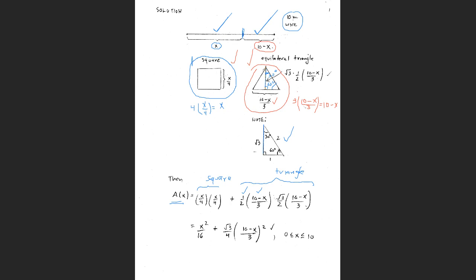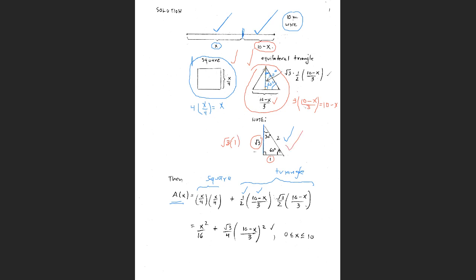The height is √3 for a triangle with base 1. So the height for my right triangle is √3 times 1.